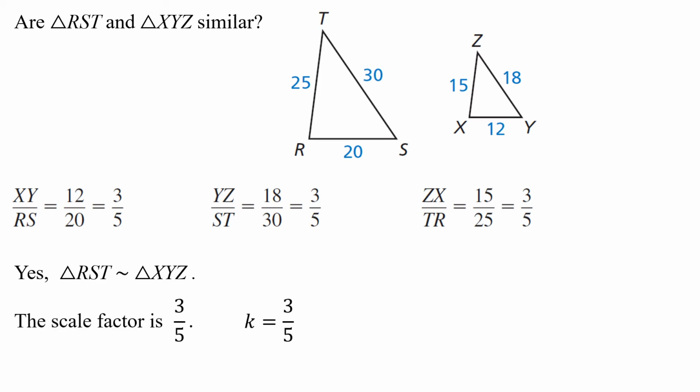The scale factor is 3/5. If I take any side on the original triangle, RST, and multiply it by 3/5, I get the corresponding side on the second triangle, triangle XYZ.